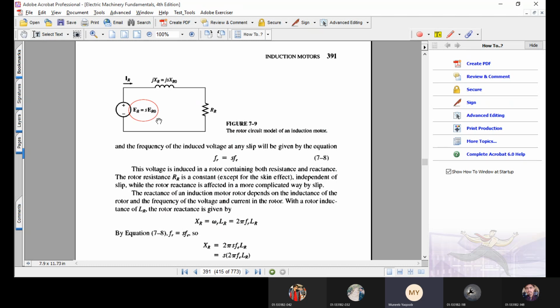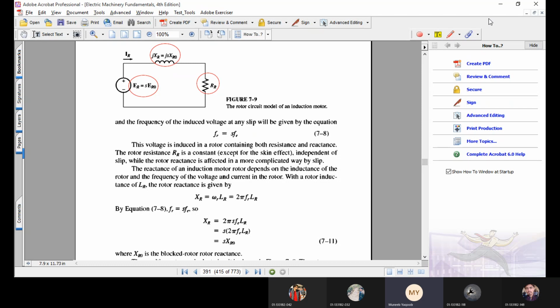Now coming to the two parameters, that is the resistance of the rotor winding and the reactance or inductance of the rotor winding. We all know that resistance is not a parameter that depends upon the frequency. So the parameter that depends upon frequency is the inductance.